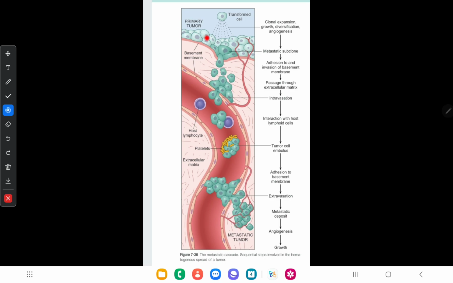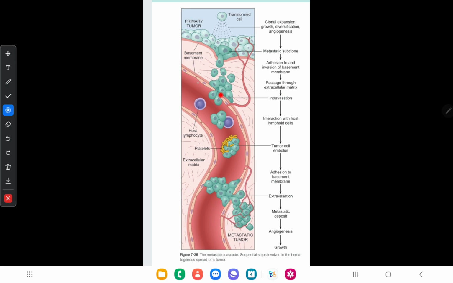From the primary tumor, a metastatic subclone has formed. The metastatic subclone has invaded the basement membrane and come to the extracellular matrix. Through the extracellular matrix it comes to the basement membrane of the blood vessel.